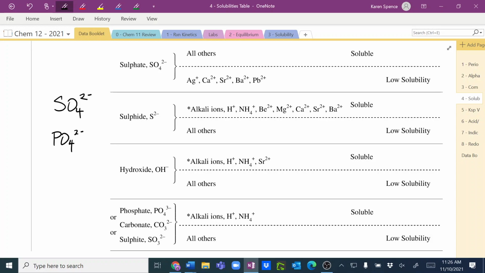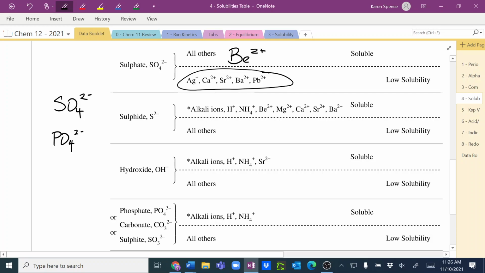Any possibilities? Sorry? Beryllium. Let's see, will beryllium work? Beryllium is not here, right? There's no beryllium there. Beryllium would be up here.